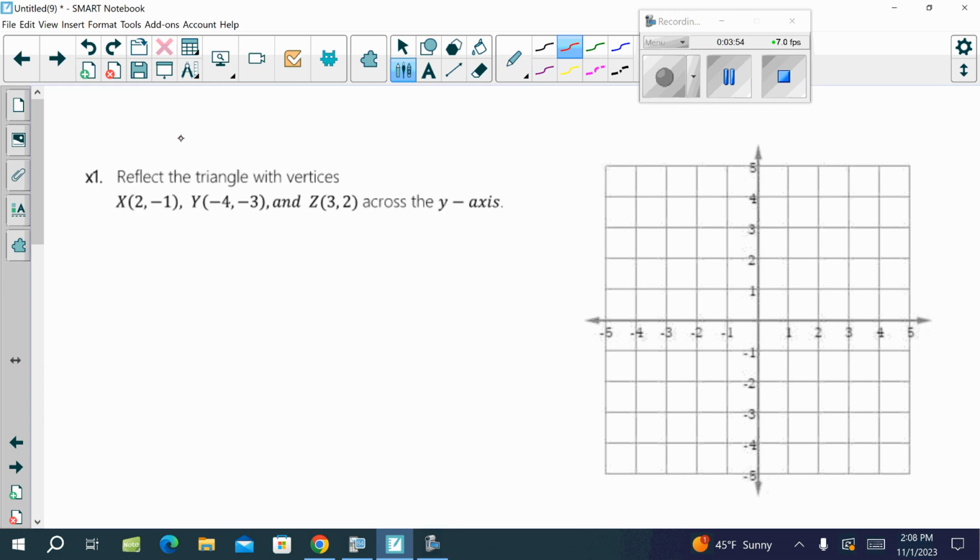All right, let's apply them. Reflect the triangle with these vertices. So first we need to draw the triangle, so take a minute, draw the triangle.